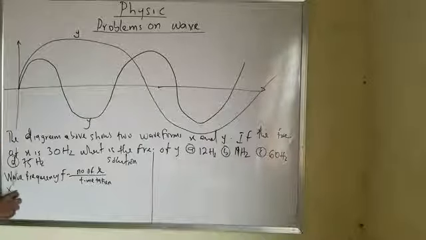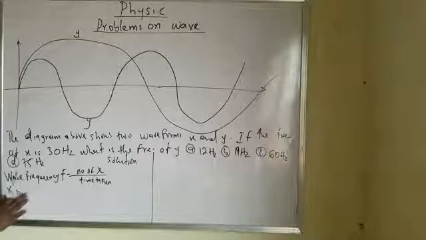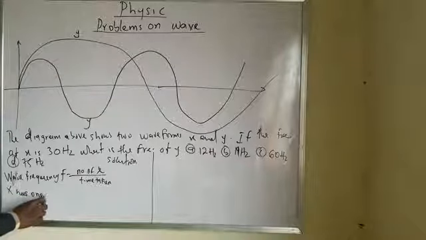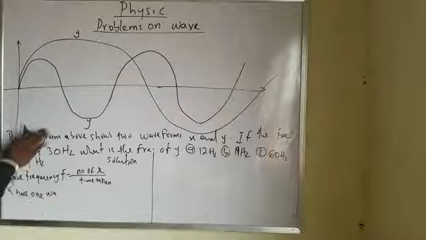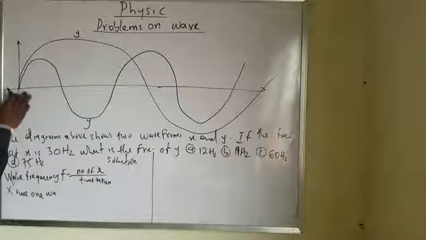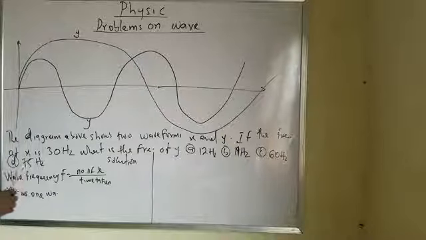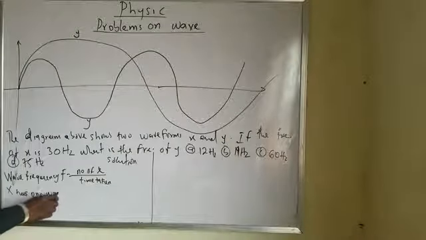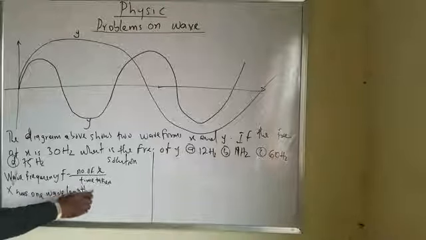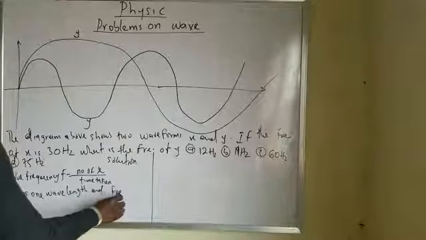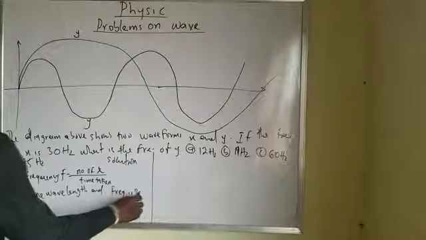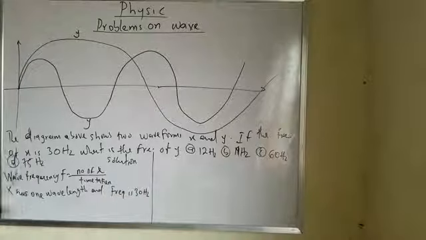X has one wavelength, and the frequency is 30 Hz.